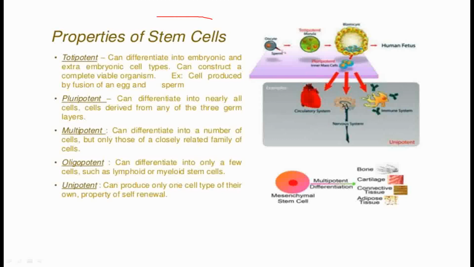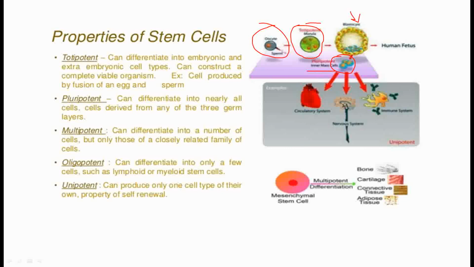So here is the summary of the properties of stem cells. In this diagram, you can see this is oocyte, this is totipotent stem cell or zygote. Here forms blastocyst and inner cell mass. This inner cell mass is pluripotent stem cell.